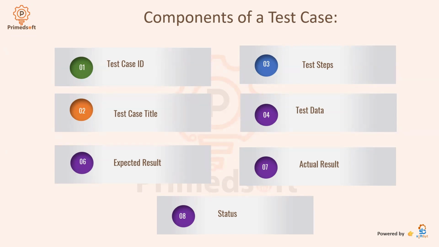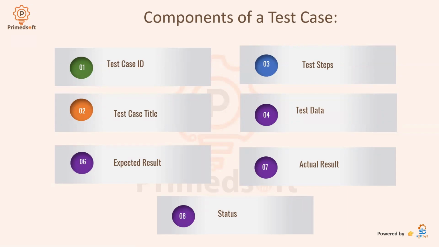But when you are writing your test case in Excel, you have to manually give your test case a test case ID. Most organizations that use Excel to document and design their test cases have a standard by which they give their test cases an ID.